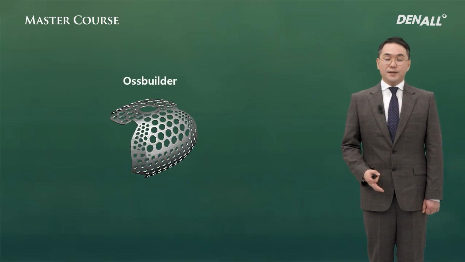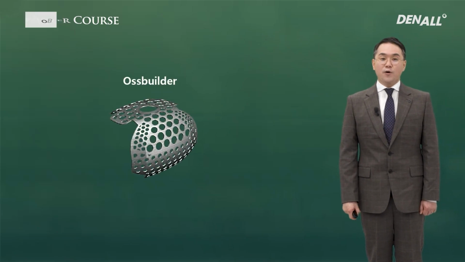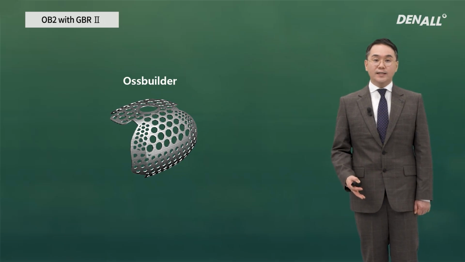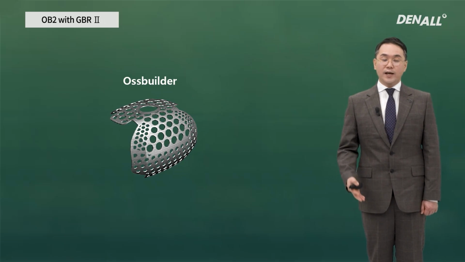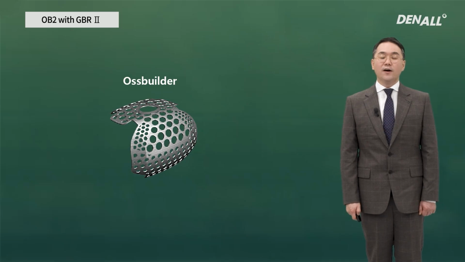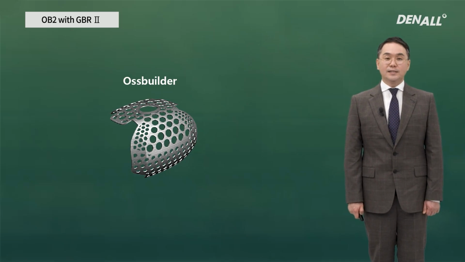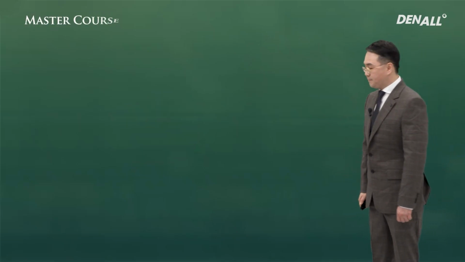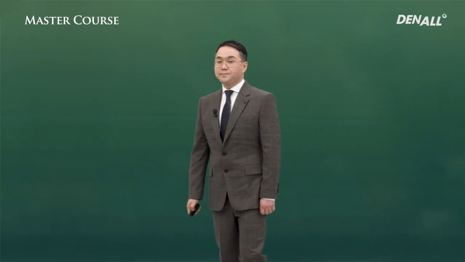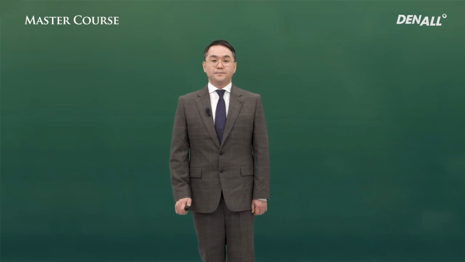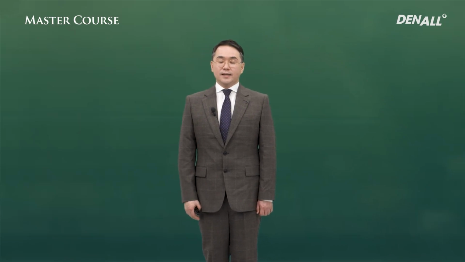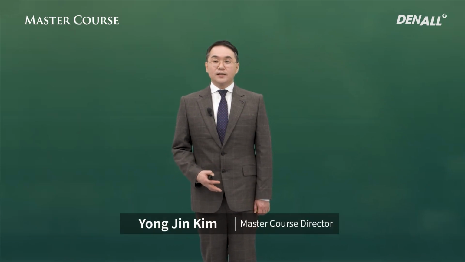I have talked about how Ossbuilder is used clinically and what kind of incision should be made when Ossbuilder is removed. I focused on my cases to explain about this. When you first use titanium mesh, you go through a lot of trial and errors.